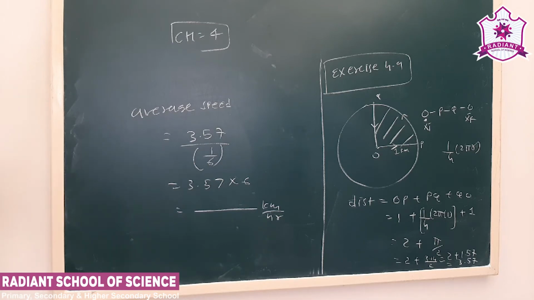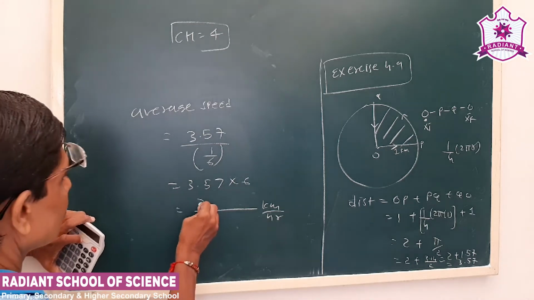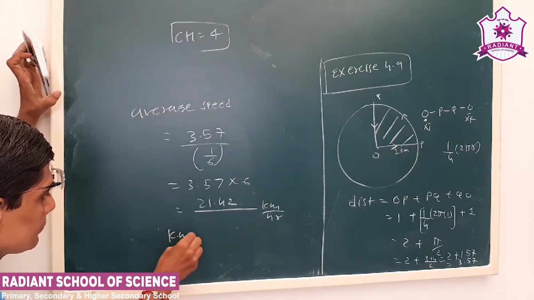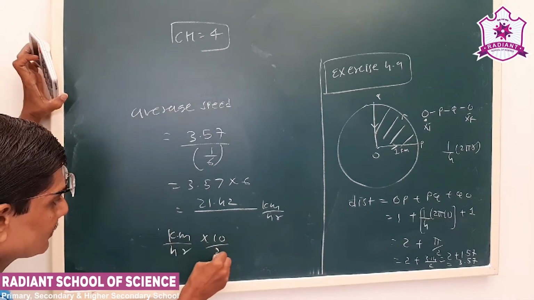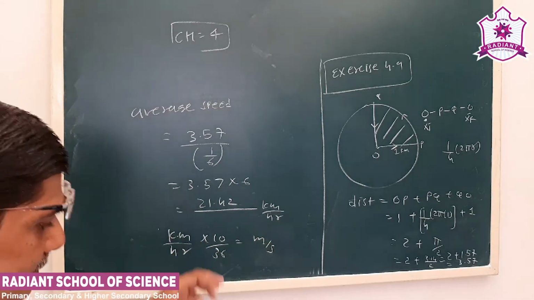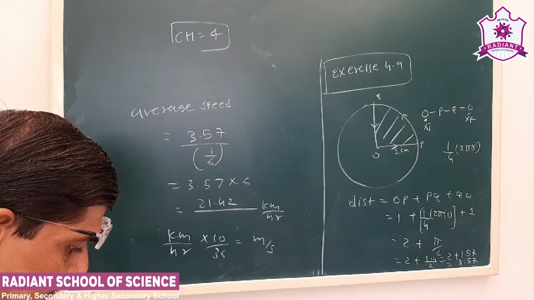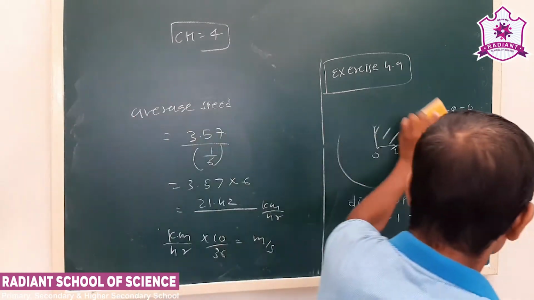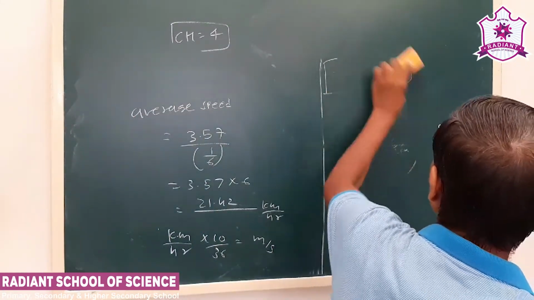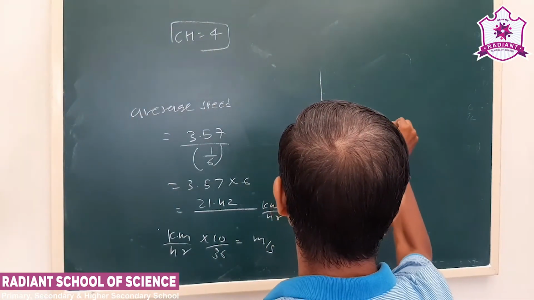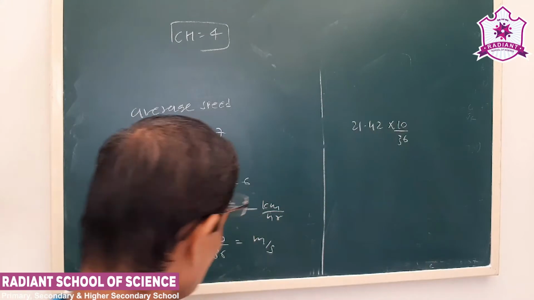Now see here the value. Okay, kilometer per hour into 10 upon 36 will be meter per second. Yes. Now this we need to convert to meter per second. Then 21.42 into 10 upon 36.